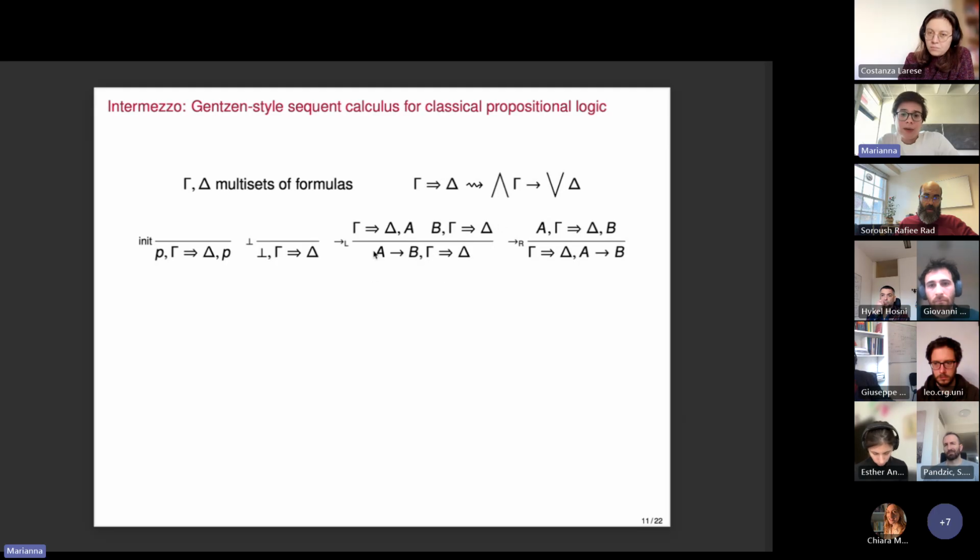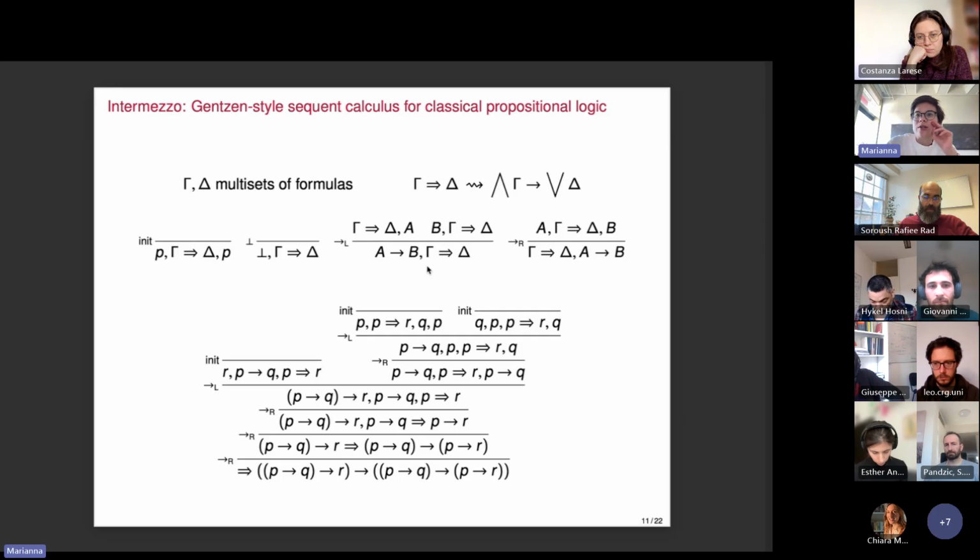But the idea is that you define rules that decompose a main connective into its subformulas. A successful derivation in sequent calculus will look something like this, where you decompose your formulas until you get to your initial sequents, very roughly.